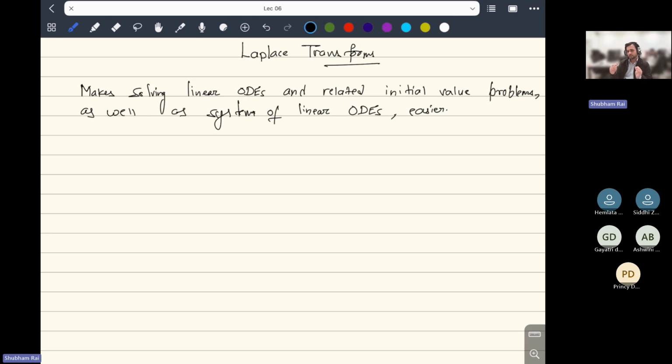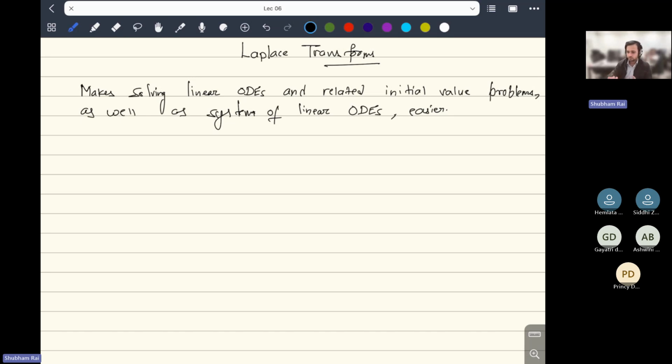You can't solve them independently. If you want to solve one equation, the variable in that equation is also in the other equation, so you have to solve those equations simultaneously.